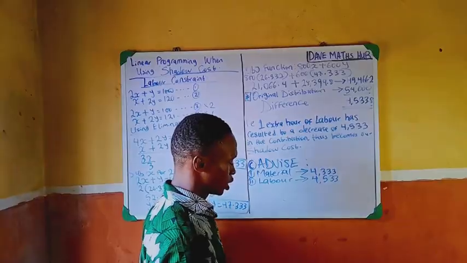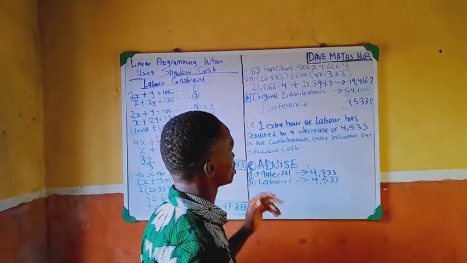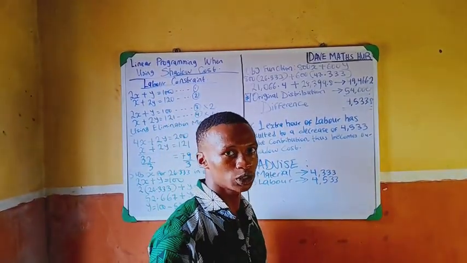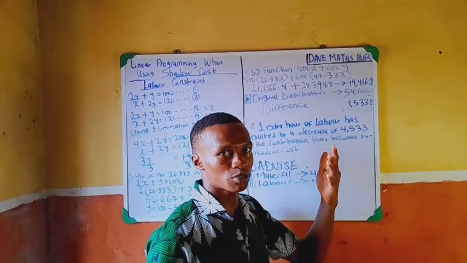good either way. Because the essence of shadow cost is to see, okay, if we add extra 1 unit, will it also increase our profits?